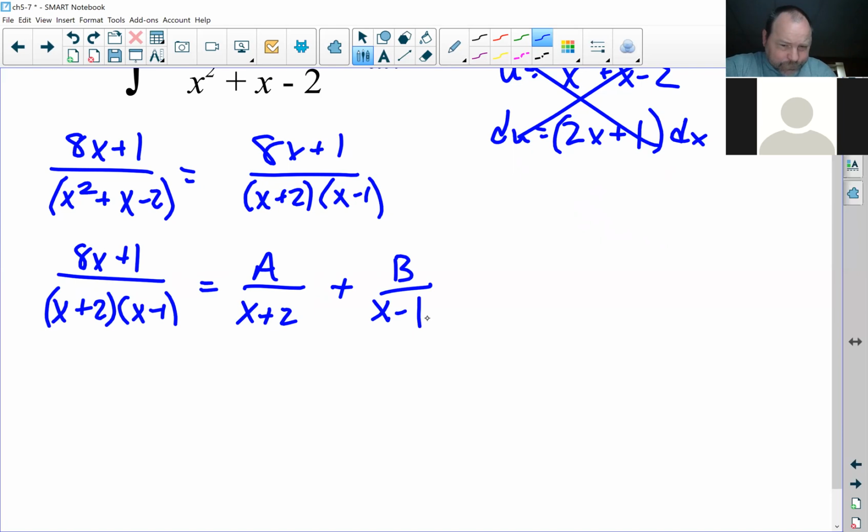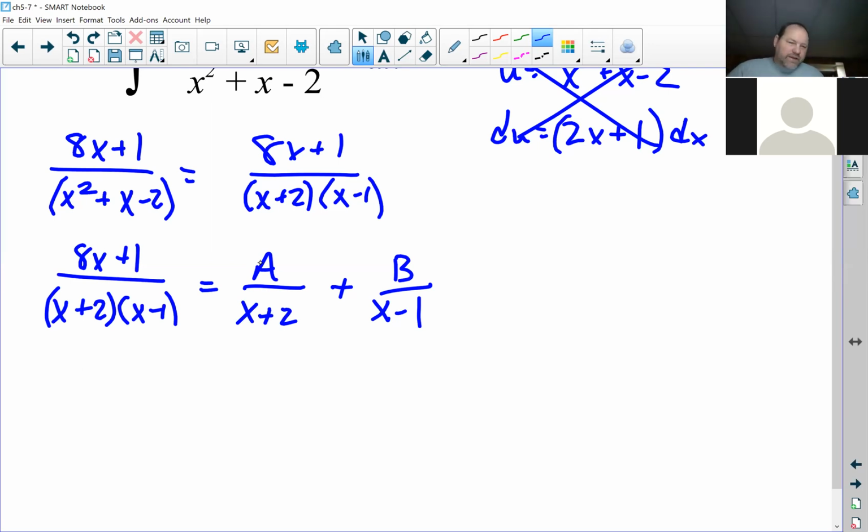What we're doing is, the numerator of our fraction on the right-hand side is always going to be 1 degree less than the denominator. So this is a linear denominator. The numerator is going to be a constant.